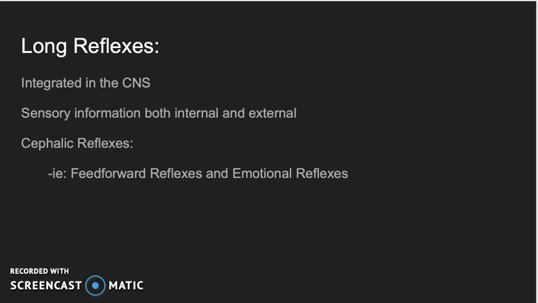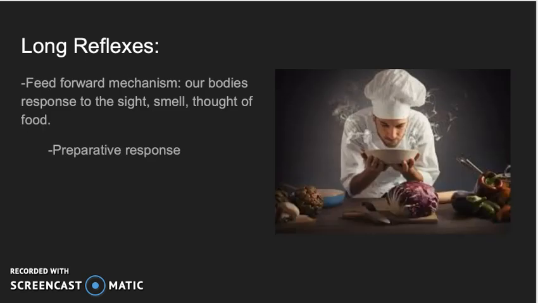So the main difference with long reflexes is that they are integrated within the central nervous system, so they utilize both the enteric nervous system and the central nervous system. An example of the cephalic reflex is the feed-forward mechanism. This happens anytime that our bodies see food, smell food, or even think of food.